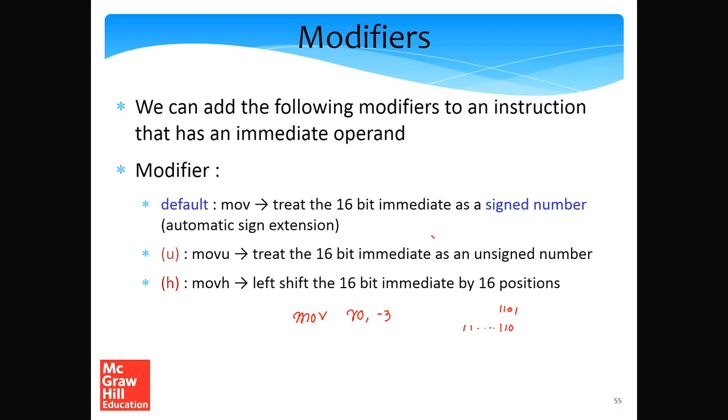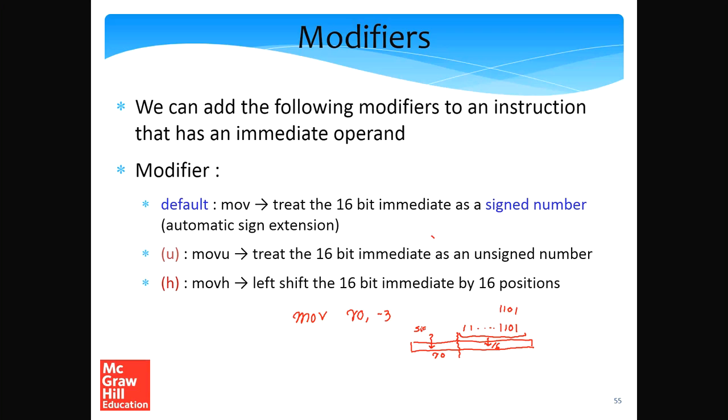It remains the same. Now the question is, when this is being moved to R0, which is actually a 32-bit register, what should be the default behavior? The default behavior is that we have the contents of the immediate moved to the lower 16 bits, and the upper 16 bits is just a simple sign extension. So it preserves the sign of the immediate.